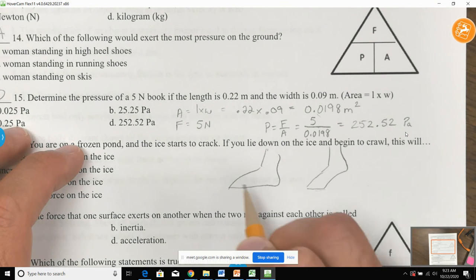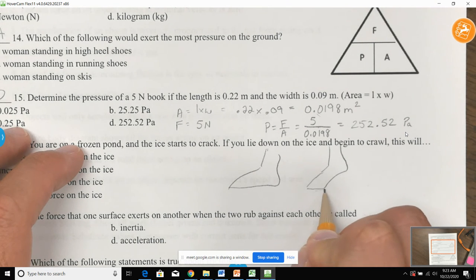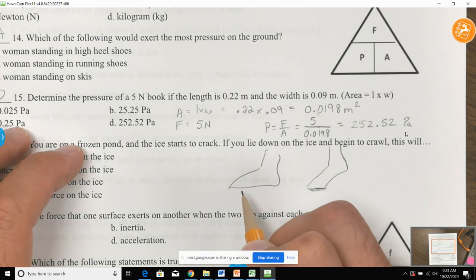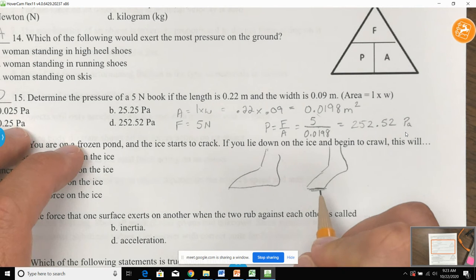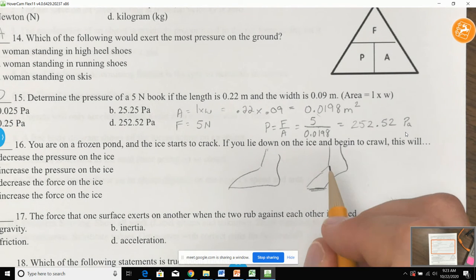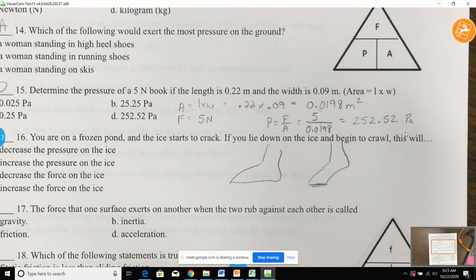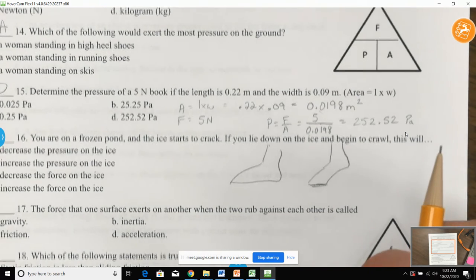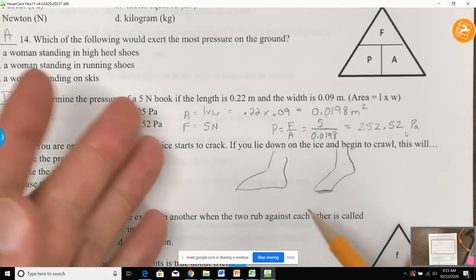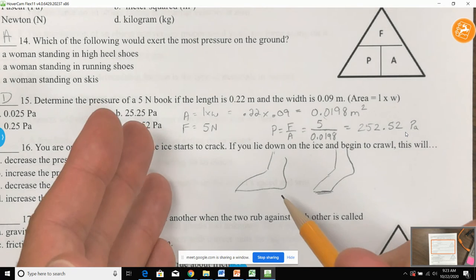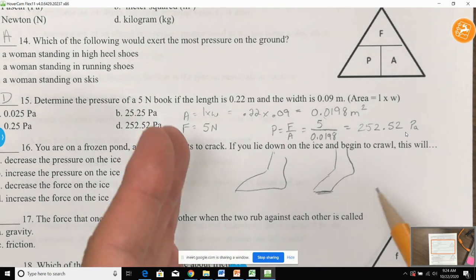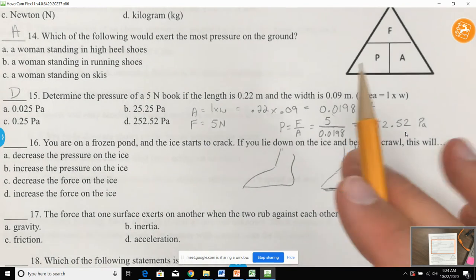Look at the area you've just made. Did you make it bigger or smaller? Smaller, and your weight didn't change, so now the pressure's gone up. And generally when we run, usually one foot is on the ground at a time, so instead of two feet on the ground you only have one, and you've made the area even smaller. So you definitely don't want to run.